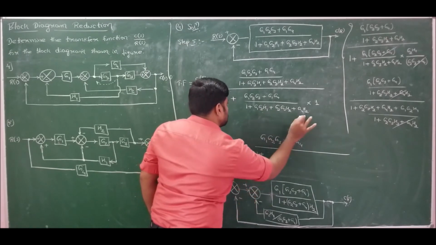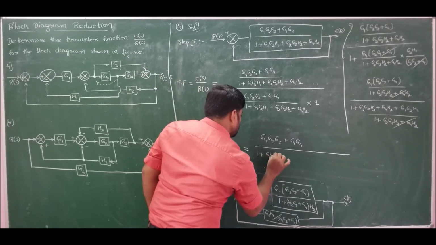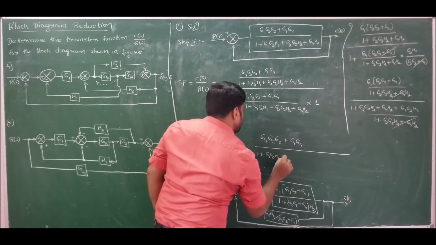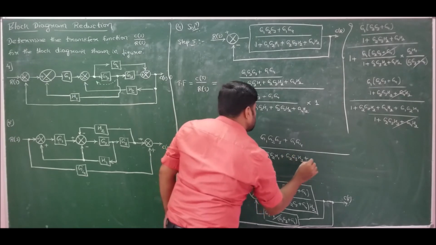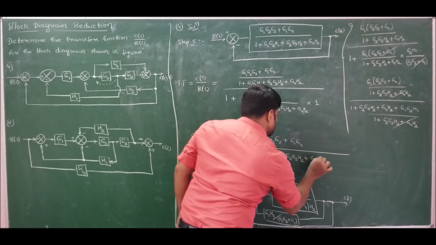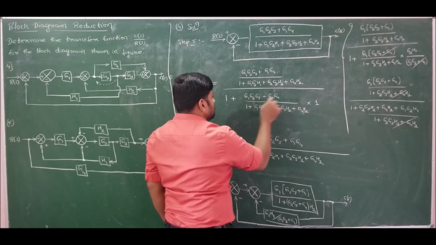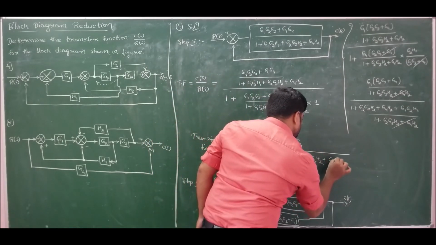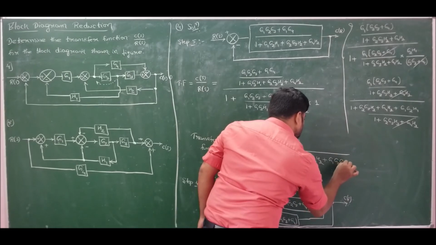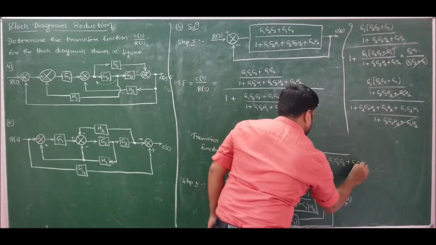1 plus this one G1 G2 H1 plus G2 G3 H2 plus G4 H2 plus, so this multiplied by 1 is this itself, G1 G2 G3 plus G1 G4.